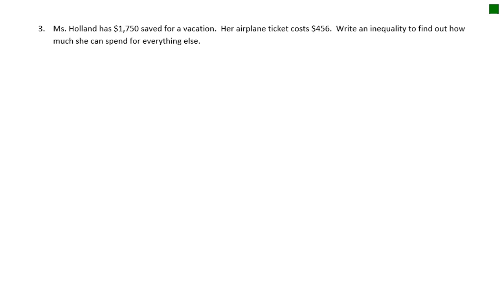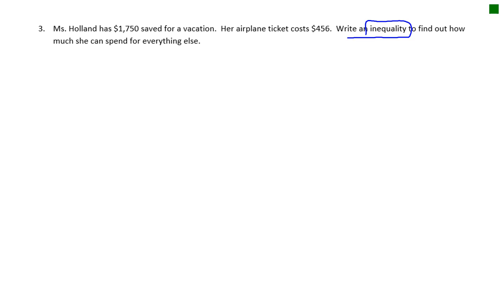All right, next one. Number 3, Miss Holland has $1,750 saved for a vacation. Her airplane ticket costs $456, and they tell you to write an inequality to find out how much she can spend for everything else. Again, what did they ask you to write? An inequality. That means I'm either using the greater than or less than symbols. One side is always going to be the total. How much money do you have total, or what's the goal?